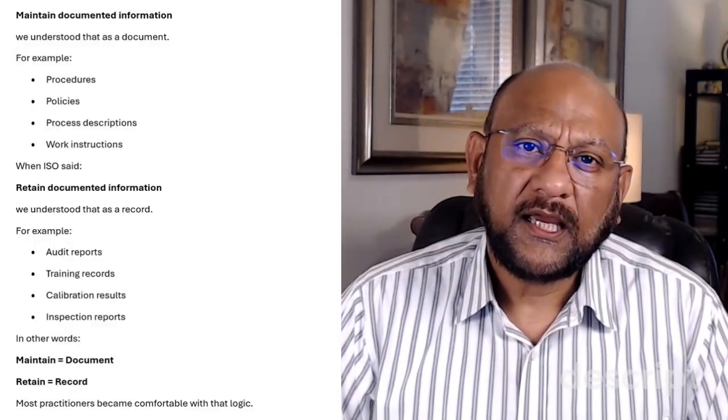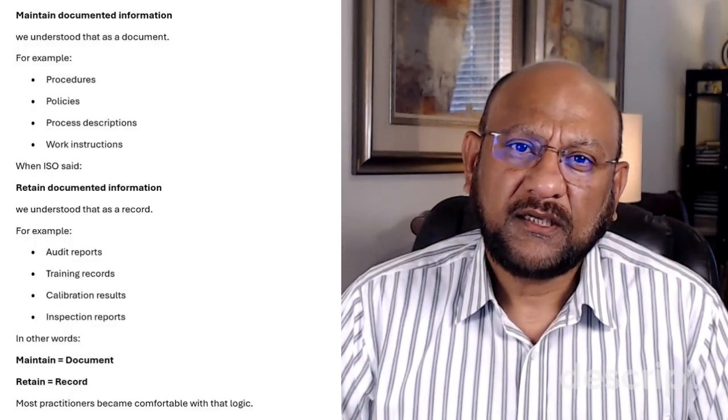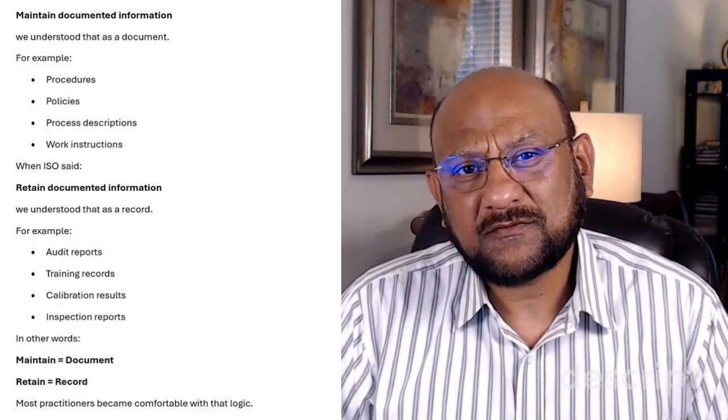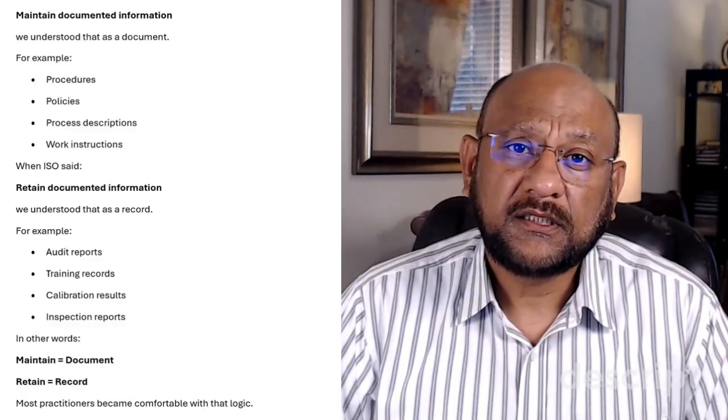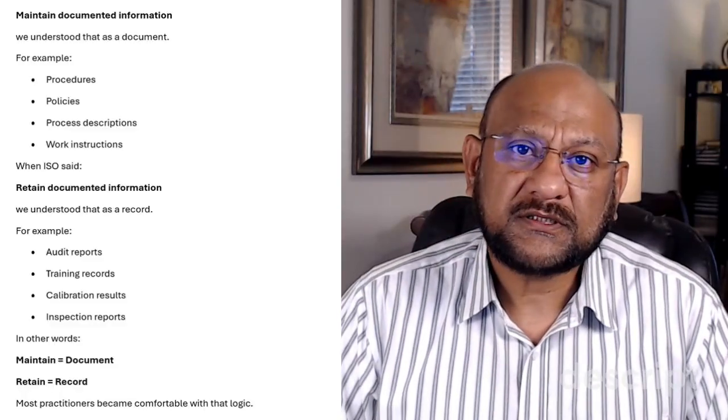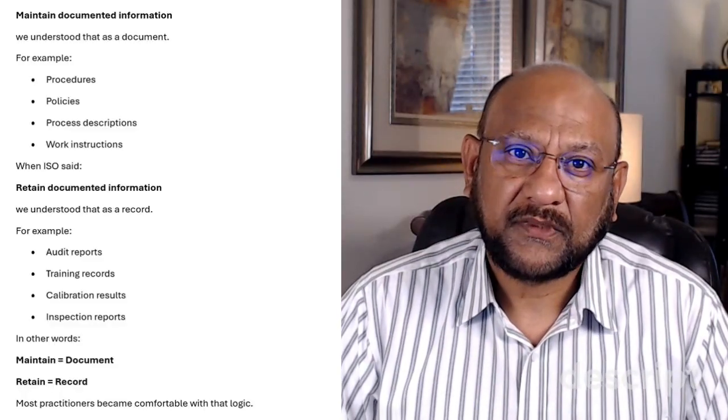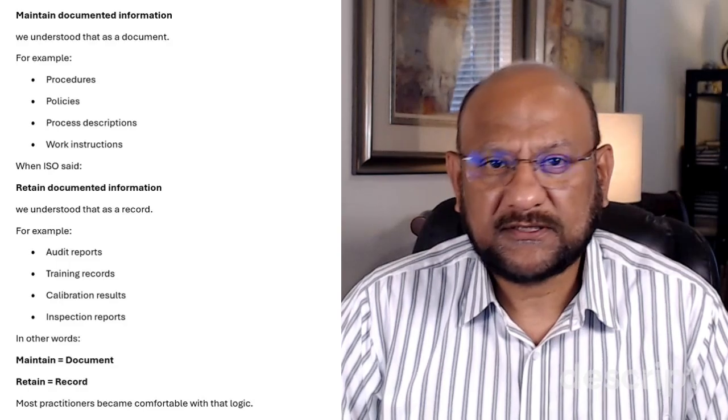The original definitions of documents and records remained intact, but they used a common terminology, documented information, for both. And they said that if it comes as maintained documented information, consider that a document, which is the policy, the procedure or the standards.